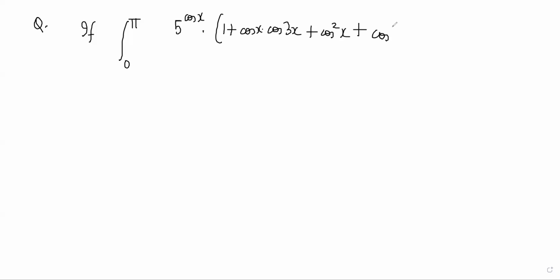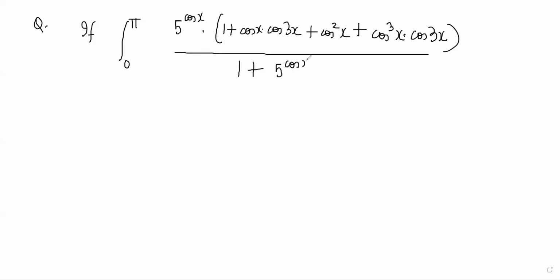So this one, first of all, if the integral from 0 to pi of 5 power cos x times (1 plus cos x times cos 3x plus cos square x plus cos cube x cos 3x), whole divided by 1 plus 5 power cos x dx is equal to k pi by 16.